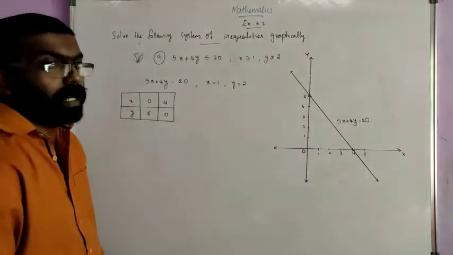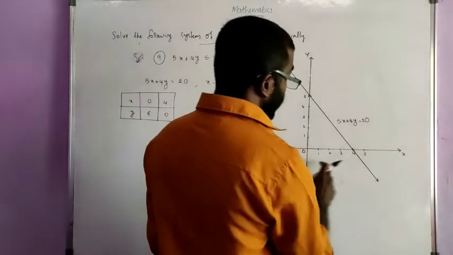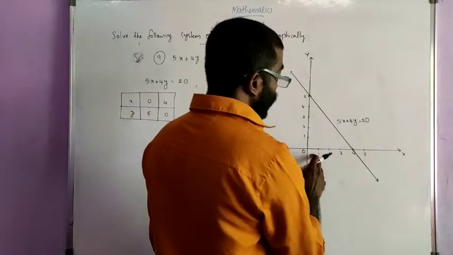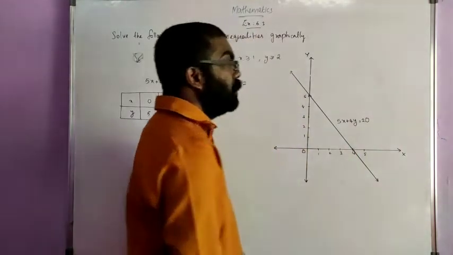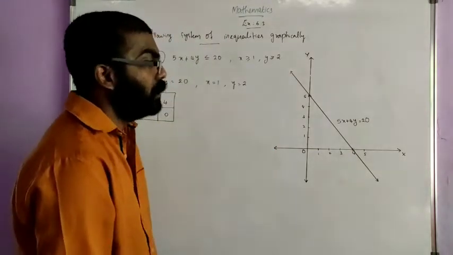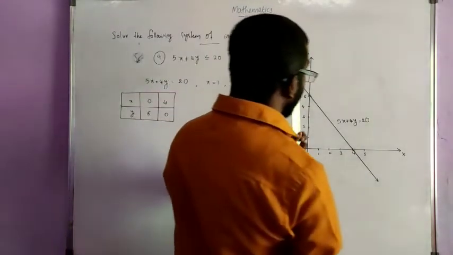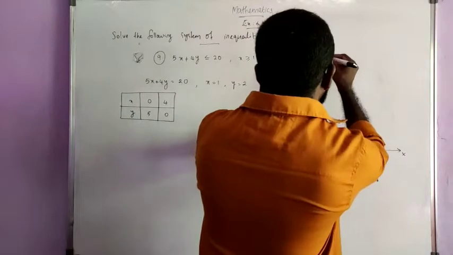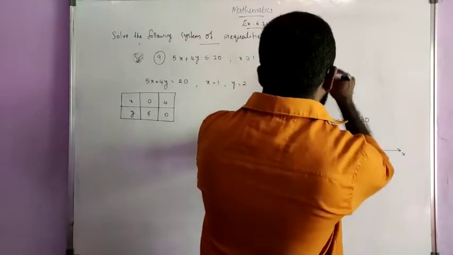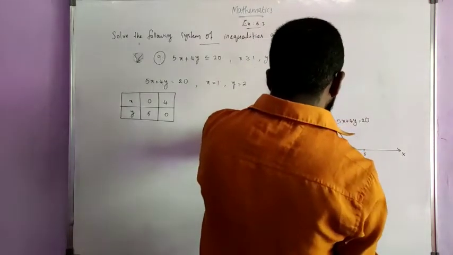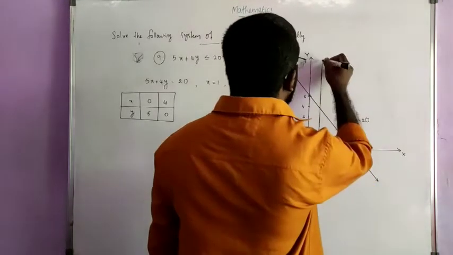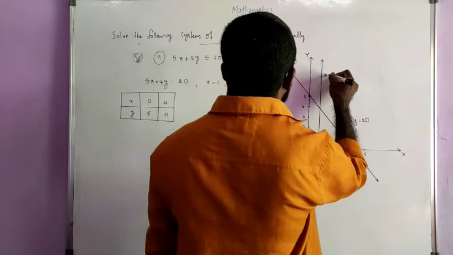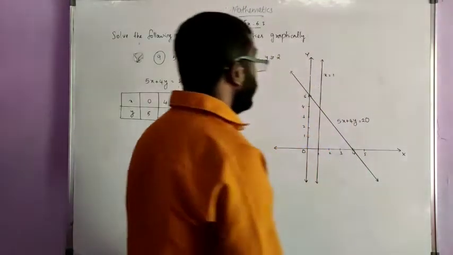Next is x equal to 1. Here on x-axis you have to consider the number 1, and through this 1 we have to draw a line which is perpendicular to x-axis or parallel to y-axis. Okay. So here we can draw a line which is parallel to y-axis. At the same time it is perpendicular to x-axis. Here it is x is equal to 1.